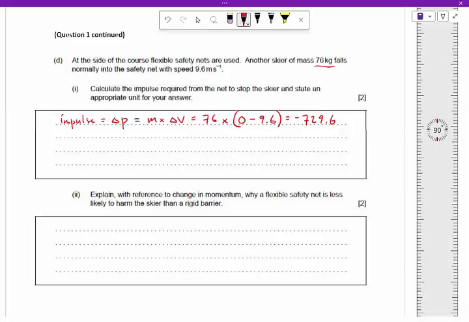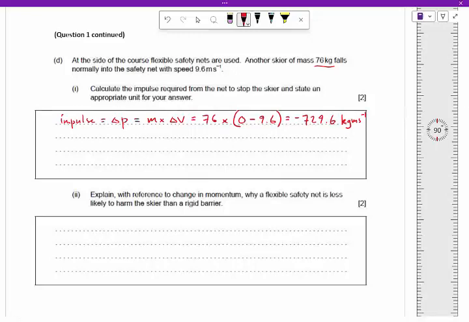And for the unit of impulse, you can have either the unit for momentum or an alternative unit, which is newton seconds. So this is kilogram meters per second, I'm going to say, because that's how I worked it out. Kilogram meters per second.